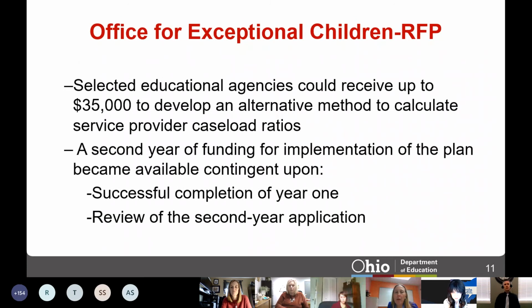There was funding tied to it, so educational agencies could receive up to $35,000 to develop an alternative method to calculate workload. Then there was also a second year of funding available for the implementation phase of it.